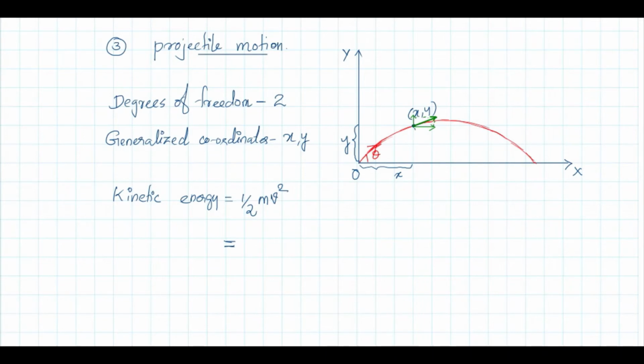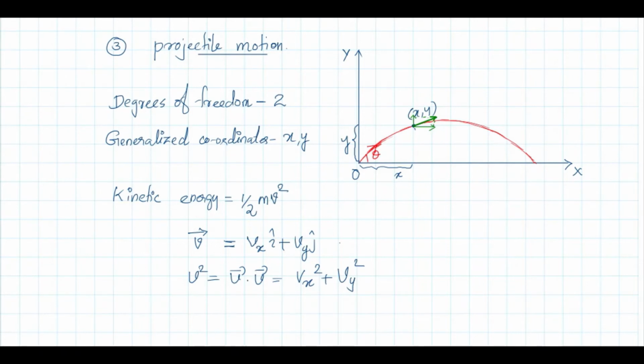The sum of these two components should give you the resultant velocity. So I can write v as vx i cap plus vy j cap, because these are rectangular components in two mutually perpendicular directions. Therefore, v square is v dot v, and it will be vx square plus vy square.